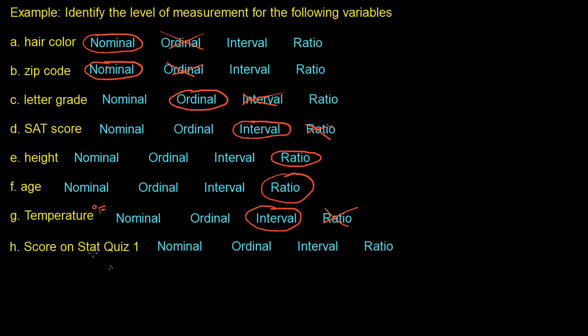Okay, lastly, you are in a statistics course and you're about to be taking quiz 1. I'm going to get the data for all of your scores. What level of measurement is that data? Your score will have a category, right? That's going to be what score you got. There's an order. If you get a perfect score, 100%, compared to someone who got 20%, that is meaningful. You can take that difference. That difference is meaningful.